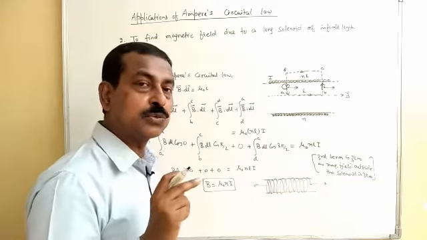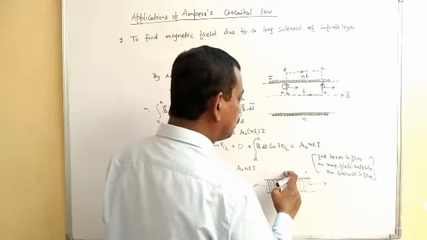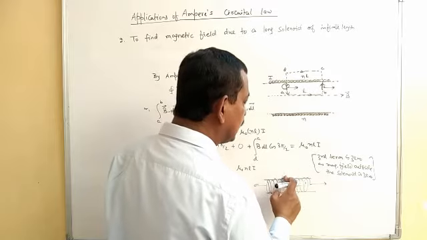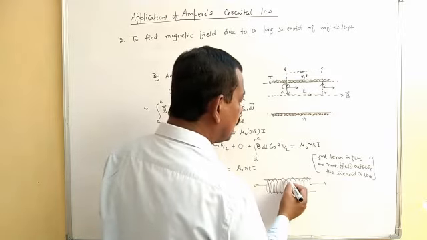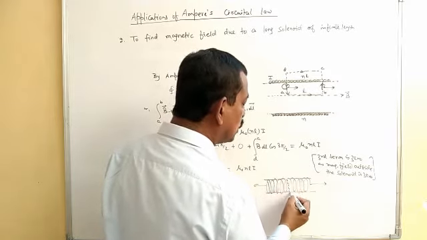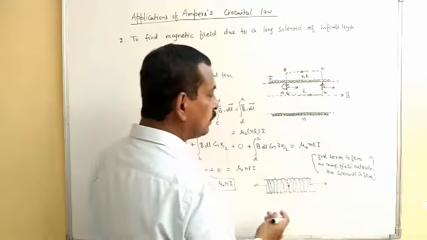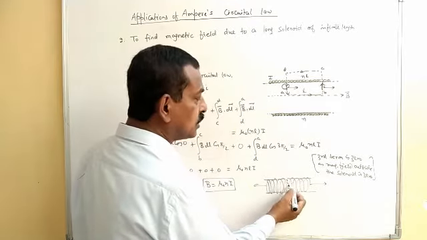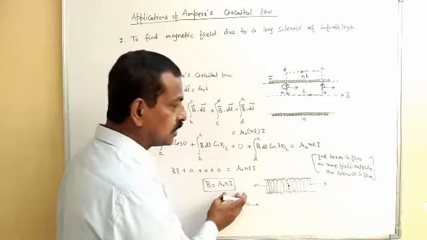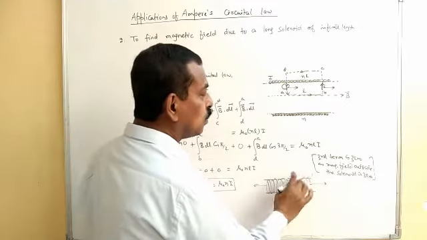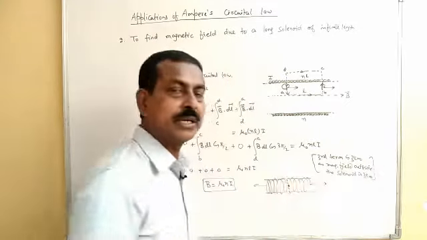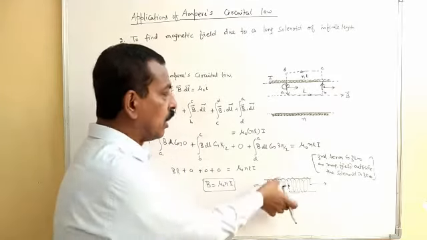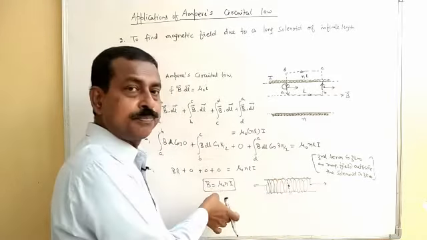I want the magnetic field at one end of it. So suppose I assume that it is cut into 2 equal halves, and this is the point. That means this is the point at one end of a long solenoid extending up to infinity. Or it can be taken for this one also.